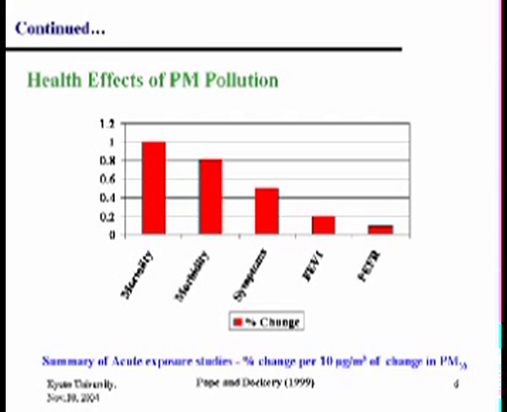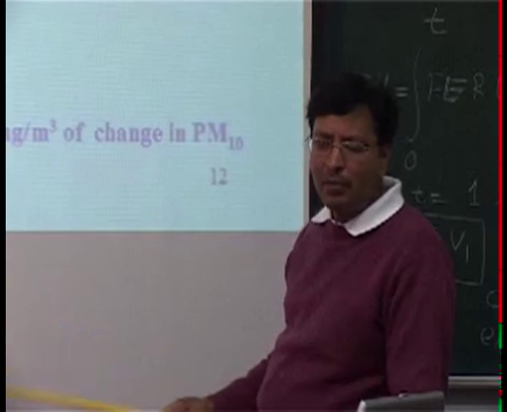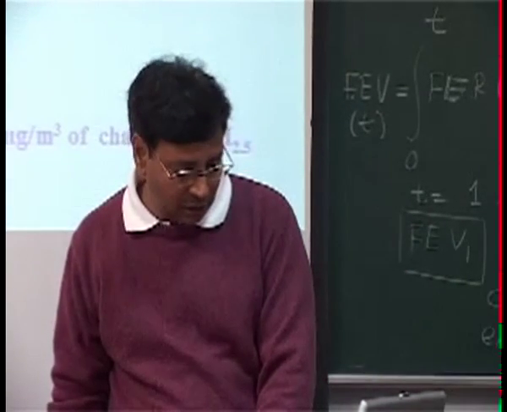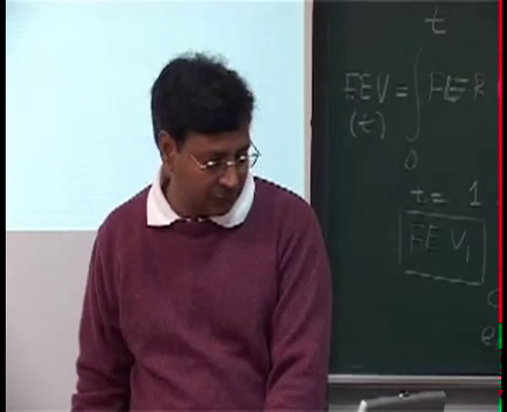So the mortality change could be so much, the morbidity change could be so much, including symptoms. There will be a percentage reduction in FEV1 and a reduction in PEFR. You see the differences. These are indicators of air pollution, and you should have some idea, not to the extent that doctors need to have.